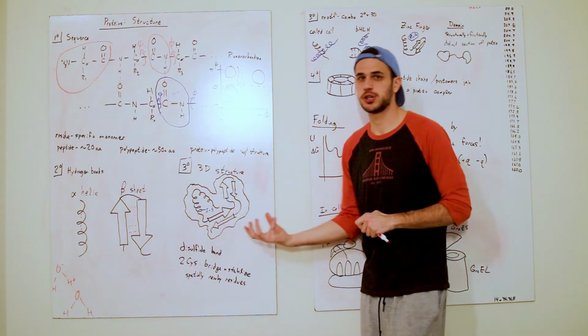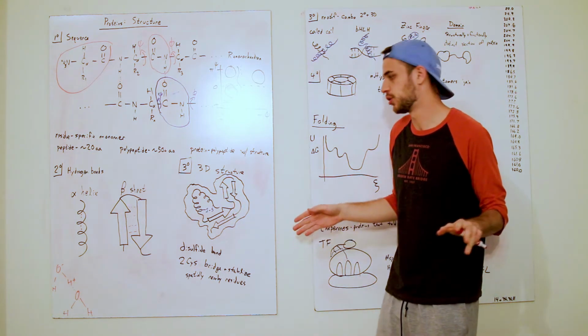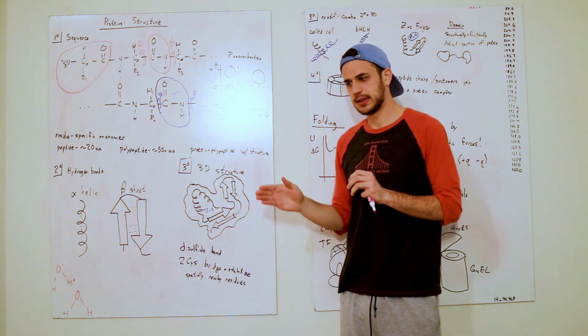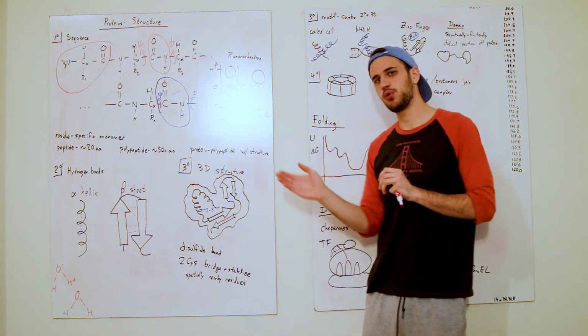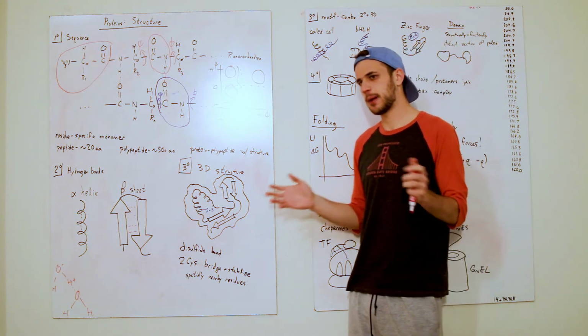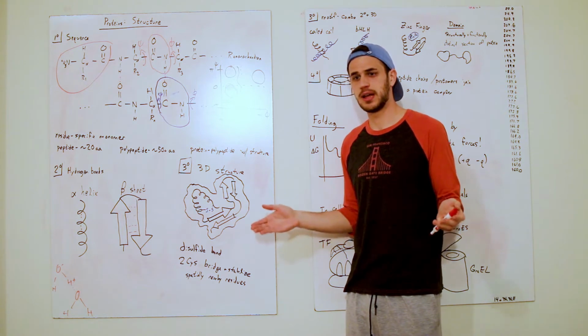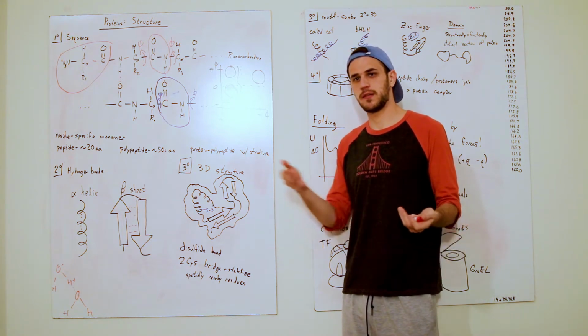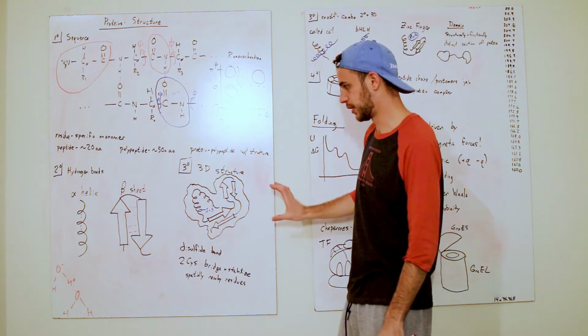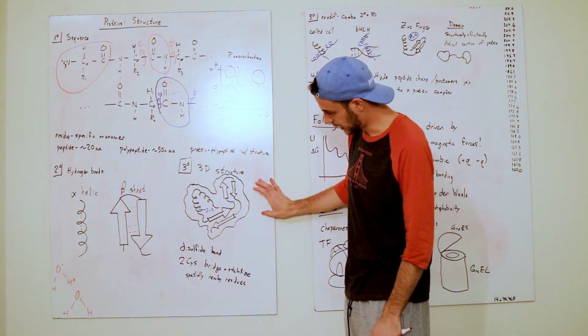So tertiary structure is just the 3D structure. What are the grooves of it? Is it smooth? Is it flat? Is it bumpy? Does it look like the topological map of Kansas or of Colorado? And that is practically all tertiary structure.